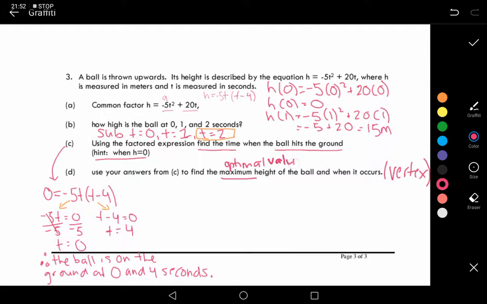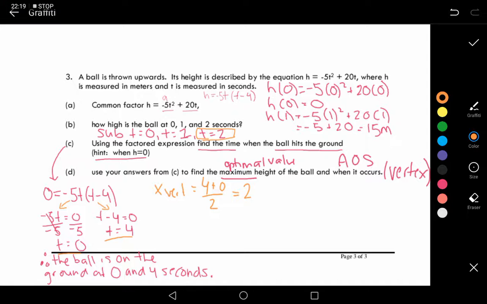And the time that you get to that optimal value is your equation of symmetry. Okay, it's your x-coordinate of your vertex. So we are simply going to use our x-vertex formula to figure out when it occurs. So remember, we take our two values from over here, we add them together, and divide by 2. So my x-vertex is going to be 2.